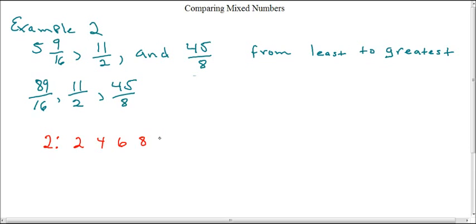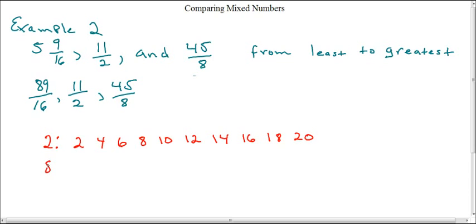Then we have 2 times 5, which is 10. We have 2 times 6, which is 12. 2 times 7, which is 14. And of course 2 times 8, which is 16. 2 times 9, which is 18. And 2 times 10, which is 20.